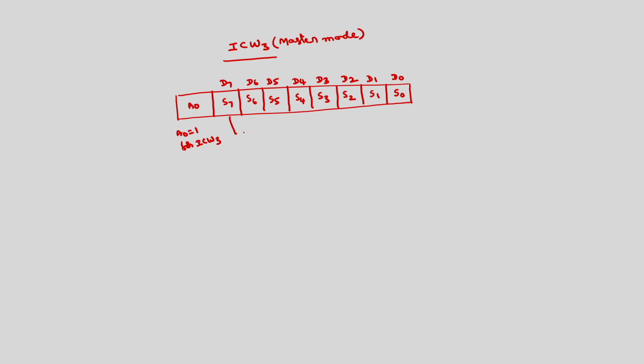These 8 bits will be 1 if the input has a slave, and 0 if the input does not have a slave. I will explain what is meant by this.